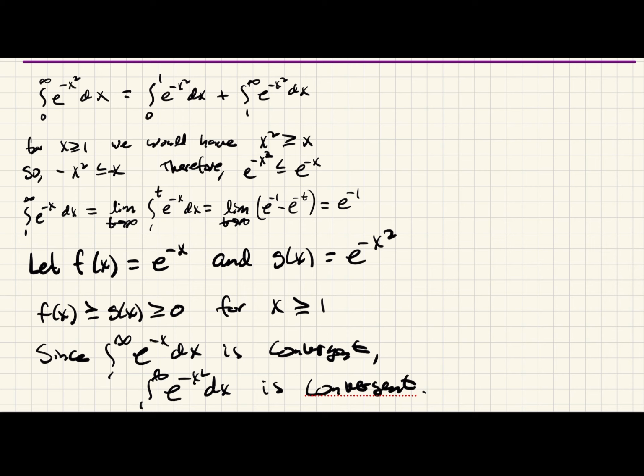But have I finished this problem? Have I not taken care of 0 to 1 though?